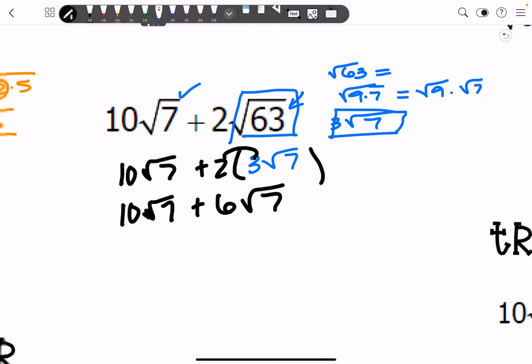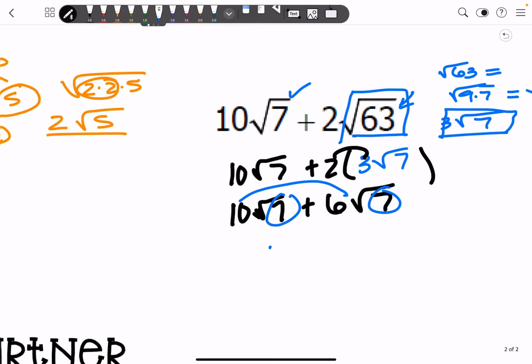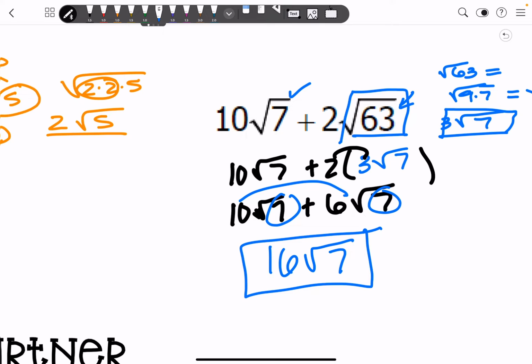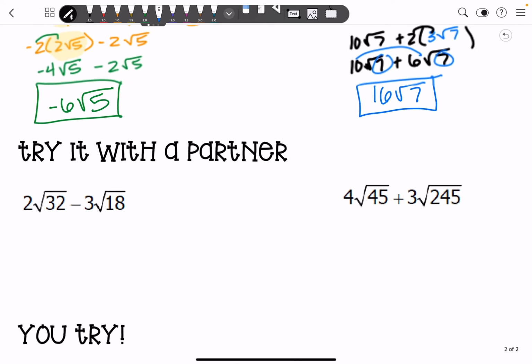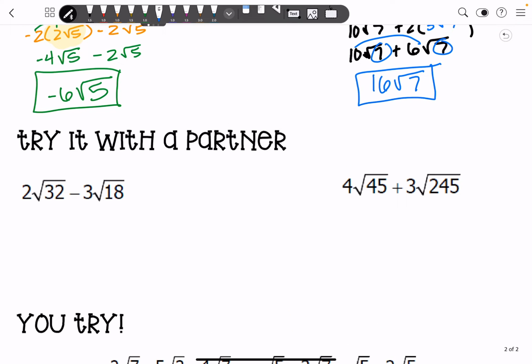Okay, when we add our like terms, because they have the same insides, then we're going to get 16 square root 7 as our final answer. And that's it. Now, you have a couple more. Okay, I want you to try them out and see if you get them right.